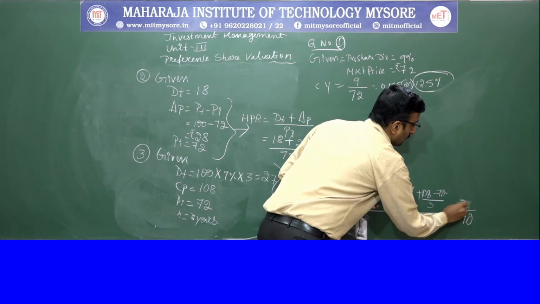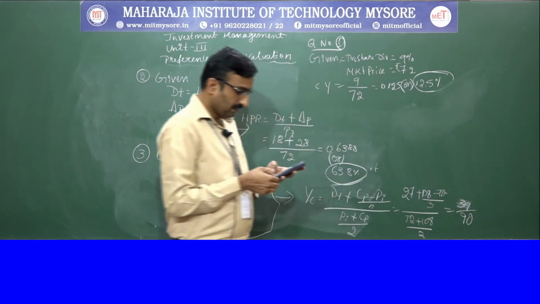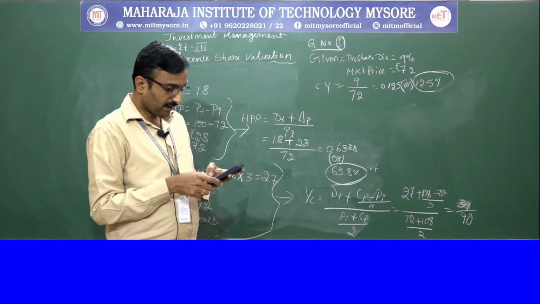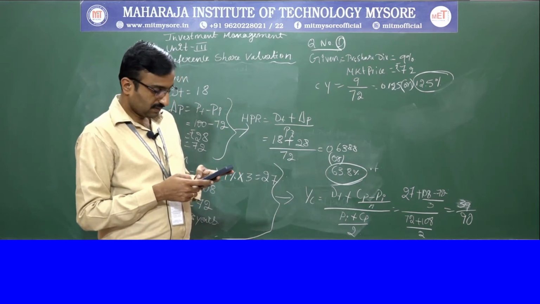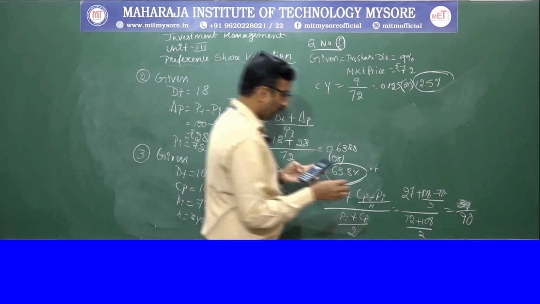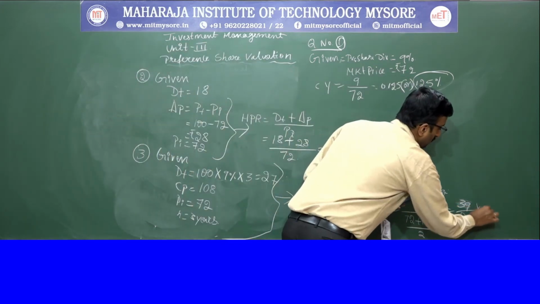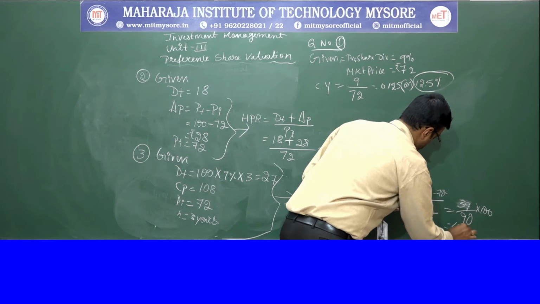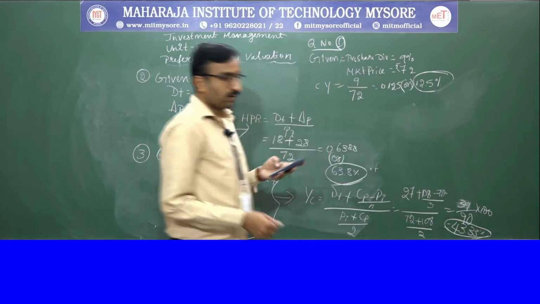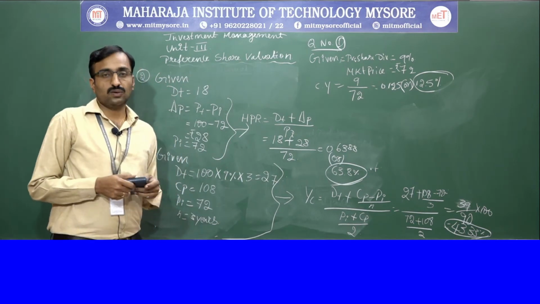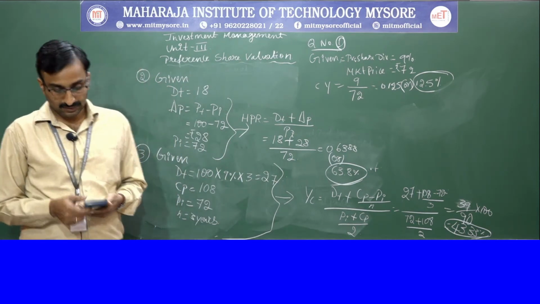It is 39. 39 divided by 90, multiplied by 100, if you do, you will get 43.33%. This is how we calculate.